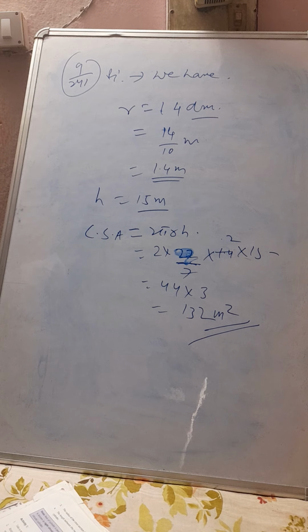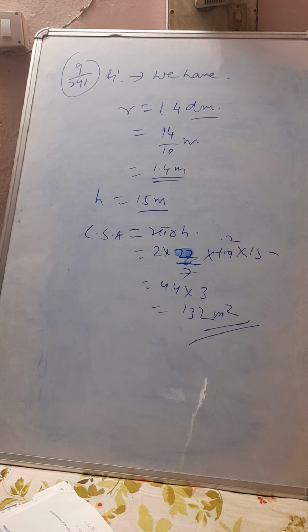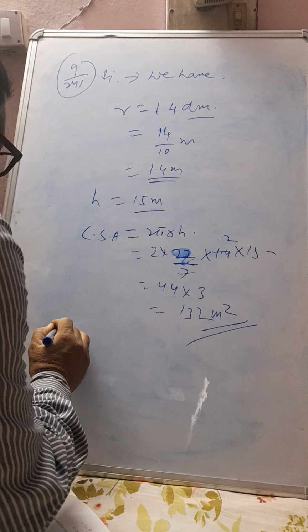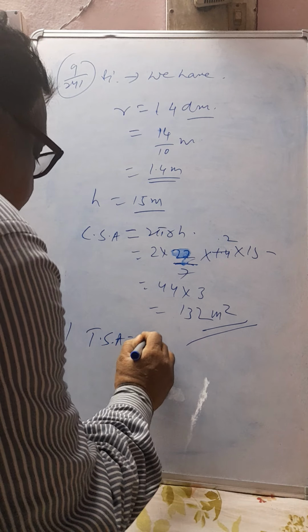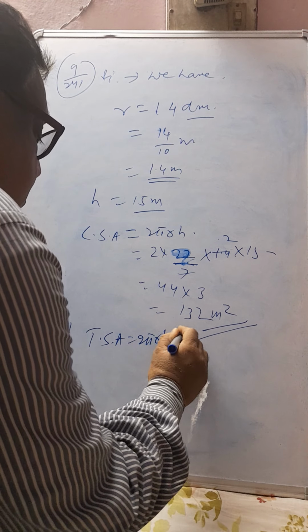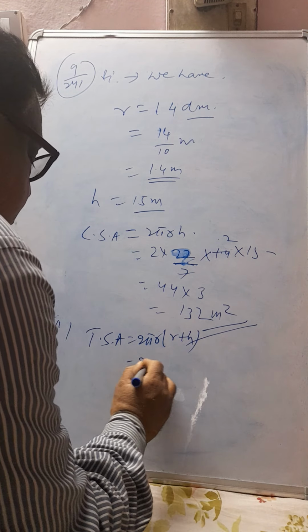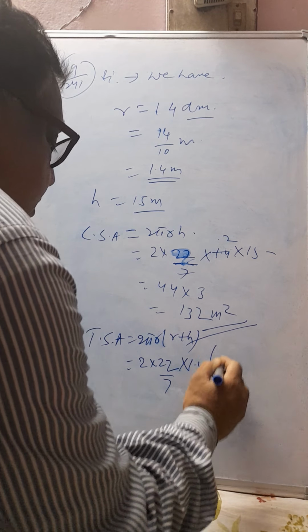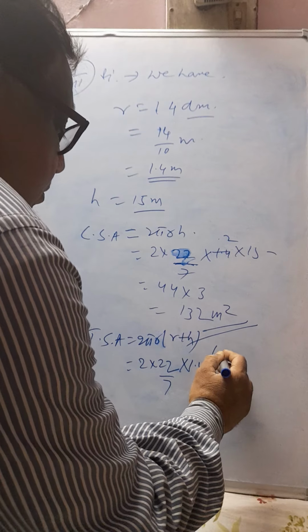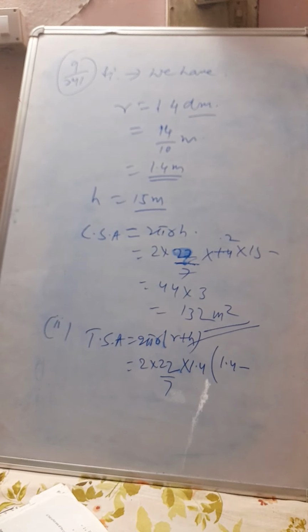And its total surface area will be equal to this. The second one is TSA, 2 pi r into r plus h. This must be equal to 2 into 22 by 7 into 1.4 into whole 1.4 plus height, which is given as 15.